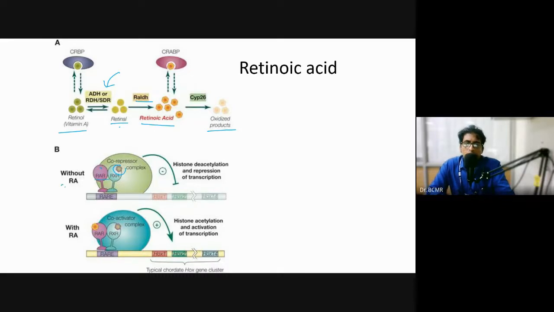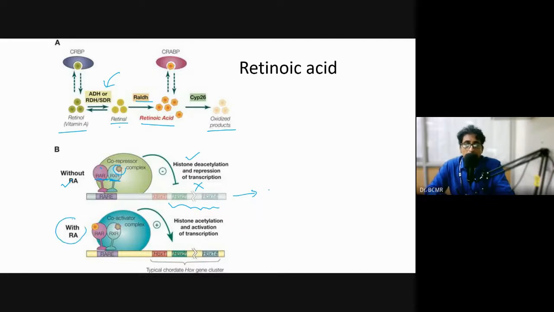When there is no retinoic acid, the RAR and RXR form a complex, and histone deacetylation happens, because of which there is a repression of transcription on certain genes that are involved in differentiation.